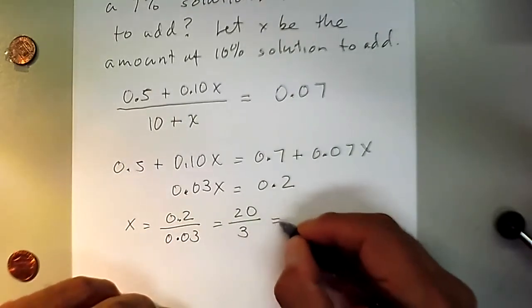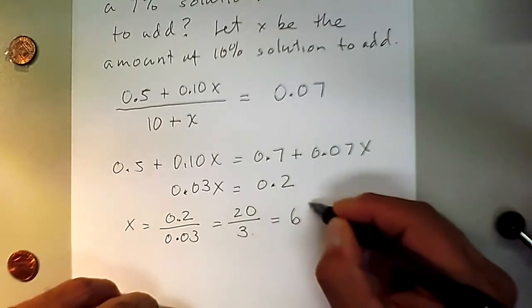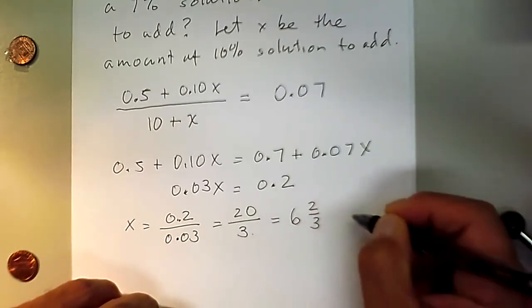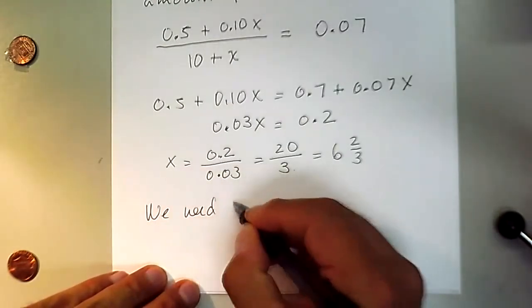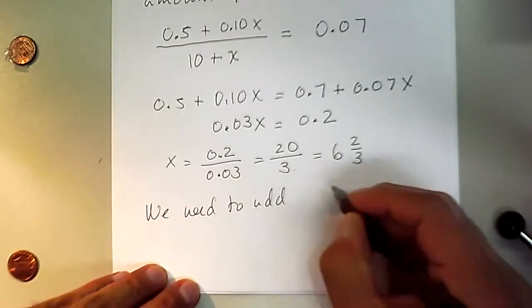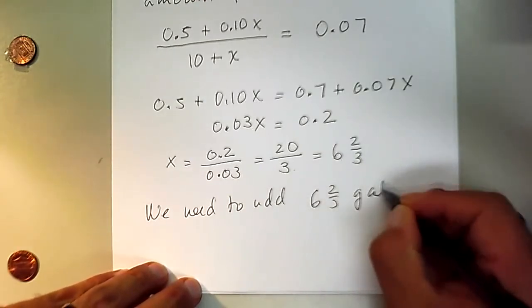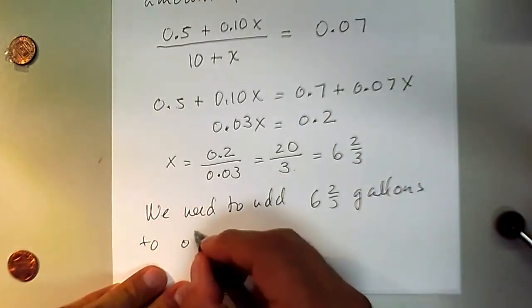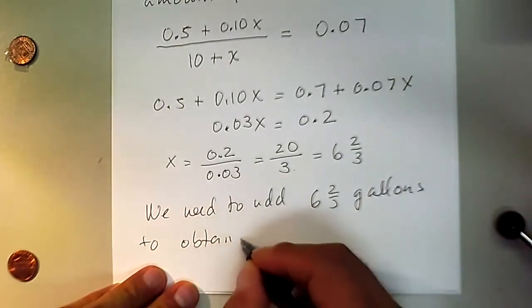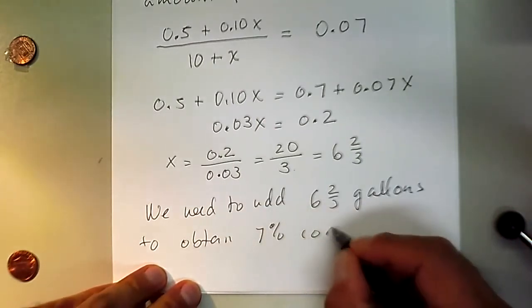Let's rewrite this as a mixed number. 3 goes into 20 6 times, and there are 2/3 left over. So we need to add 6 2/3 gallons to obtain 7% concentration.